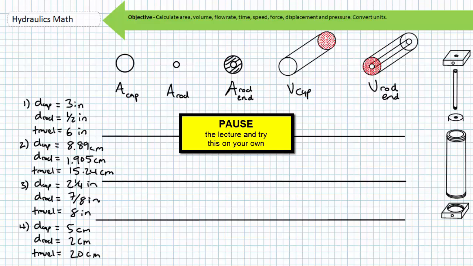Additionally, solve for the volume of the cap end at full extension, the full cylinder, and the volume of the rod end at full retraction, the full cylinder with the rod removed, or the tubular volume. I'll not go into details for the calculations since the two previous illustrated example problems already did so. Let's round our answers to 3 decimal places and remember to use the previous results key to make it easy on yourself and ensure your answers don't accumulate inaccuracies.